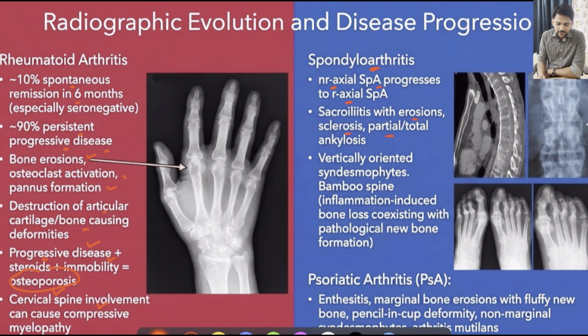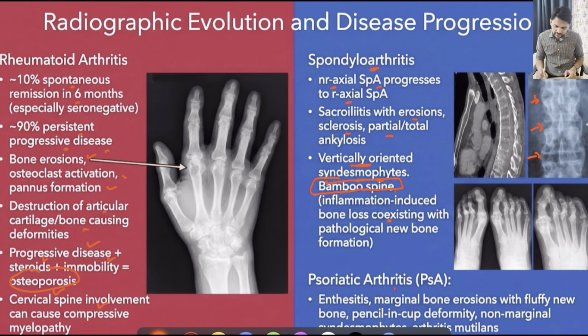And one of the pathological hallmarks of spondyloarthritis is, in this condition, we will see the coexistence of bone erosion as well as the new bone formation, leading to spur kind of appearance, which we call as syndesmophytes, and these are vertically oriented. And because of these syndesmophytes, there might be one of the famous hallmark features if it is particularly involving spine, that is bamboo spine. So you can see in this particular image, these are the syndesmophytes.